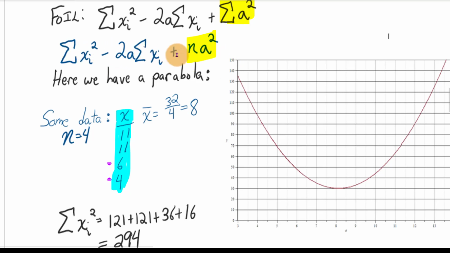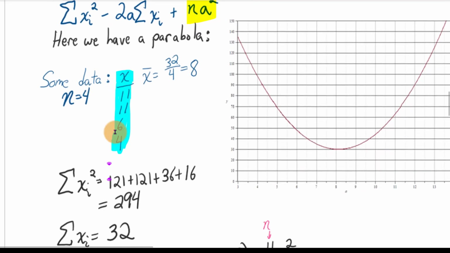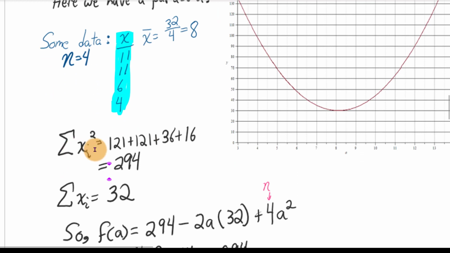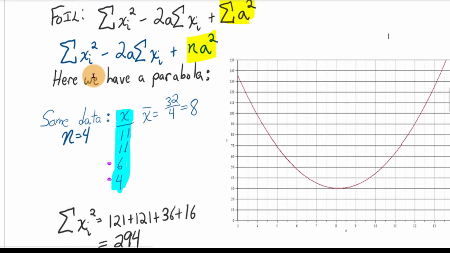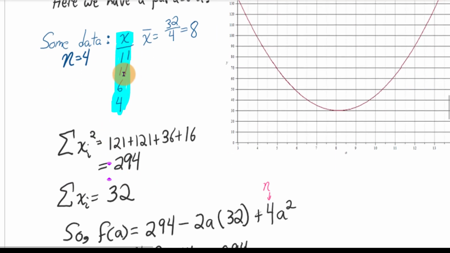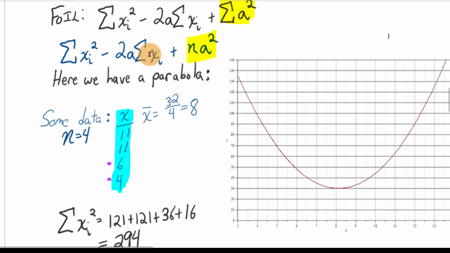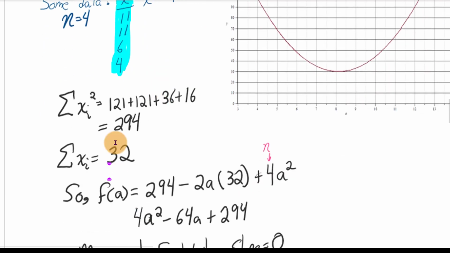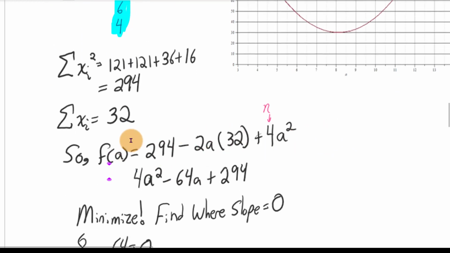Now, if we want to see what this equation is going to look like when we calculate all these numbers for this data, the sum of x squareds, that's the first term here, is 11 squared plus 11 squared plus 36 plus 16. Well, that's 294. We also need the sum of the x's here. If we add those numbers up, 11 plus 11 plus 6 plus 4, we get 32. Then we plug those numbers into this equation: 294, the sum of the x squareds, minus 2 times this number a.